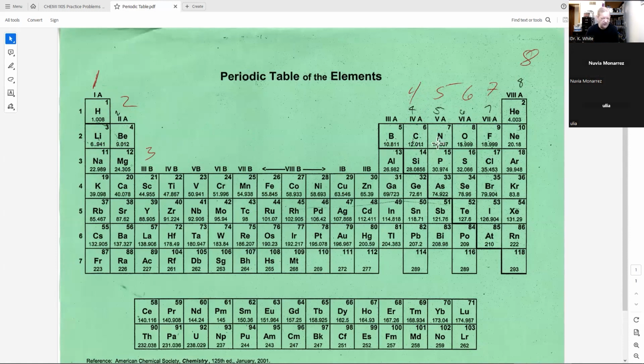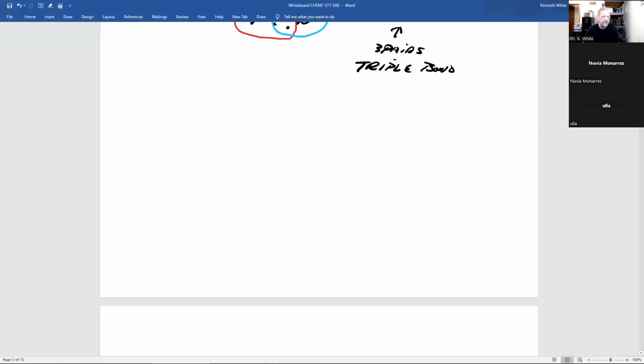And nitrogen, as we found in the last two problems, has 5 valence electrons. So now for sodium cyanide, sodium has 1 valence electron. Carbon, 4 valence electrons. And nitrogen, 5 valence electrons.